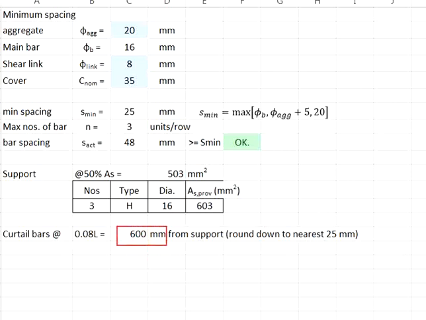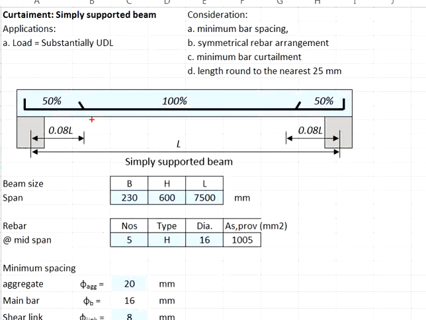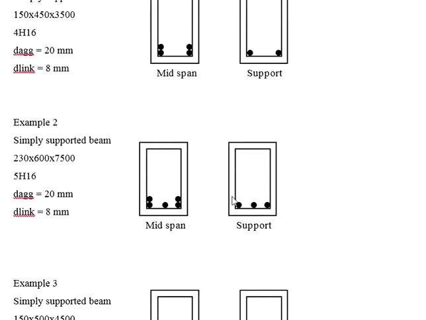The dimension here is rounded to the nearest 25 mm. Therefore, we will stick to this 600 mm. As a result, a simply supported beam with dimensions of 230 times 600 at the clear span of 7.5 meters, with the midspan reinforcement 5H16, shall be arranged in this mode in order to fulfill the minimum spacing.